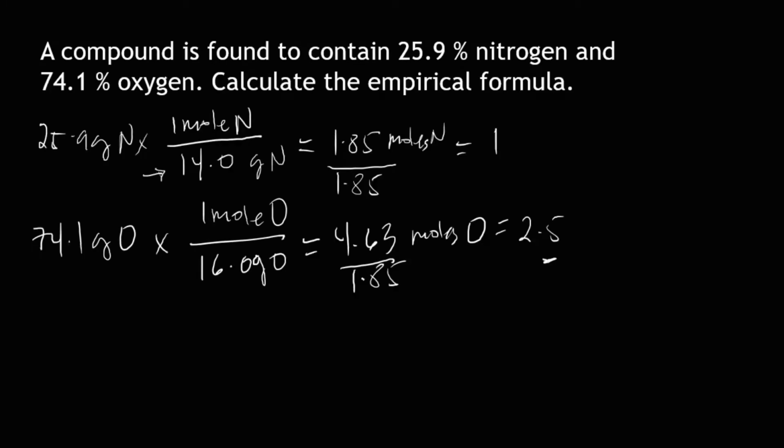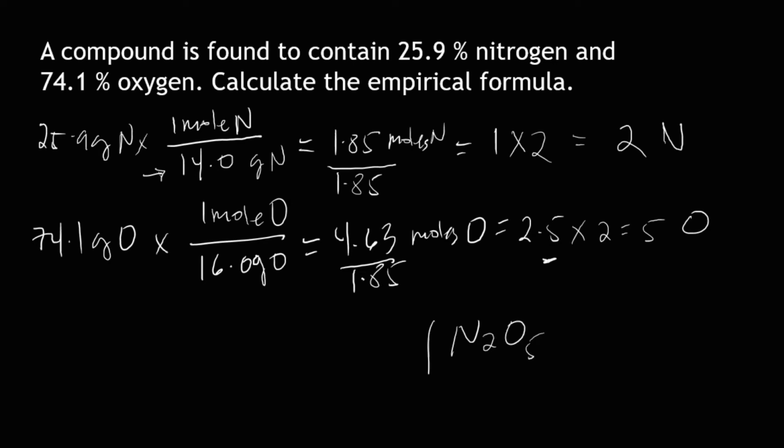Multiplying both by 2 gives us 2 and 5, so 2 nitrogen and 5 oxygen. This gives us N2O5, the empirical formula for the compound.